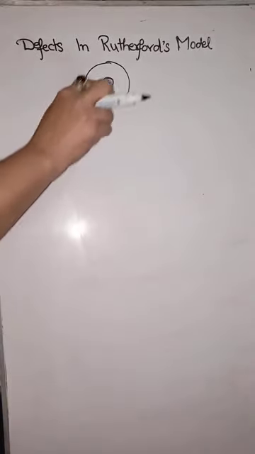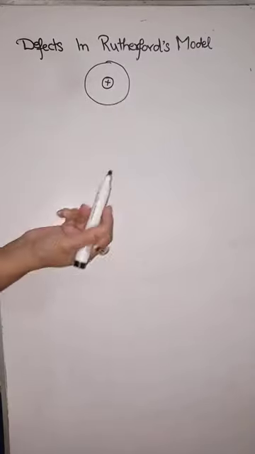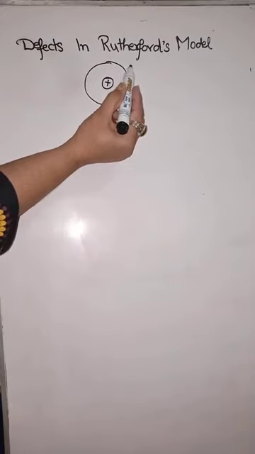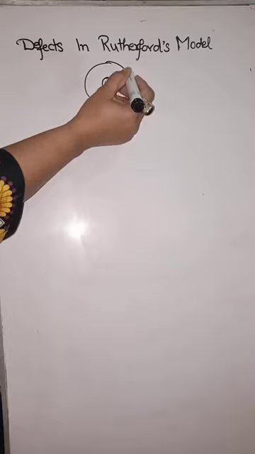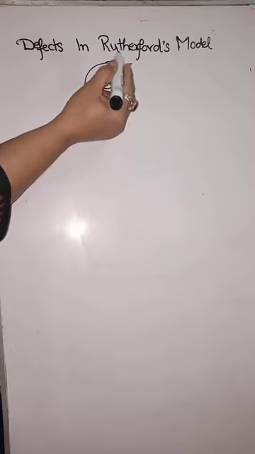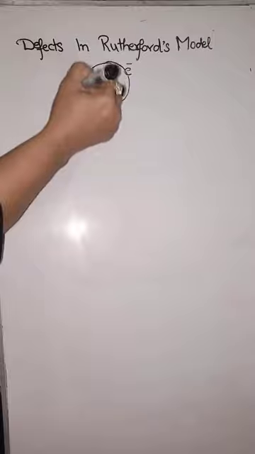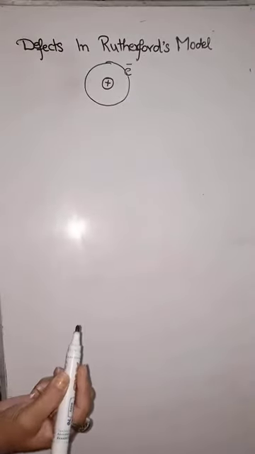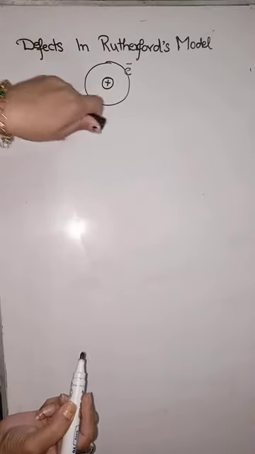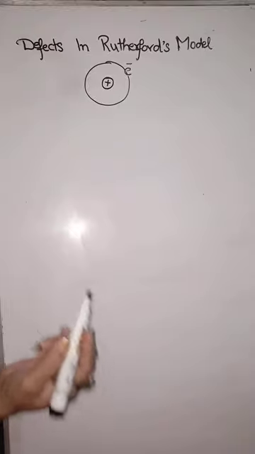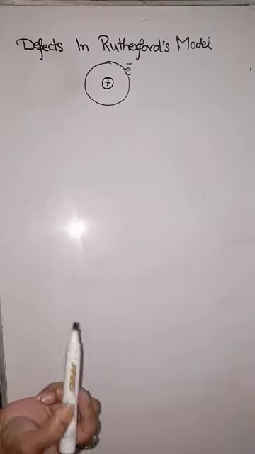It's a proton present within the nucleus. And according to Rutherford, the electrons, which are the negatively charged particles, are moving around the nucleus in a specific way or orbit. This was Rutherford's model of an atom.